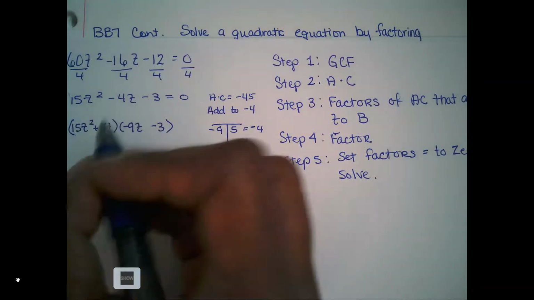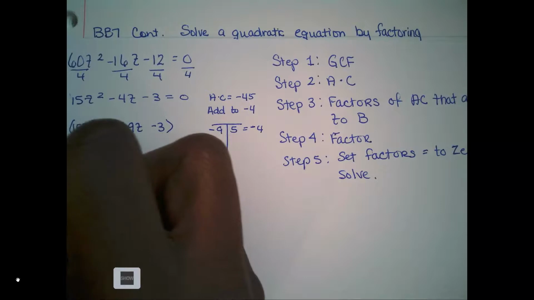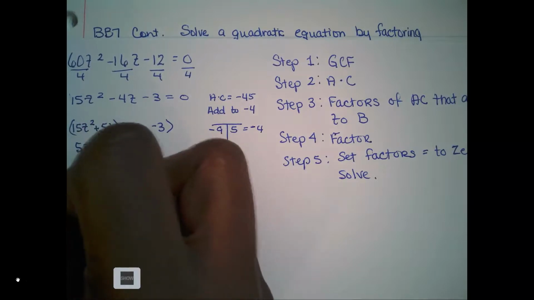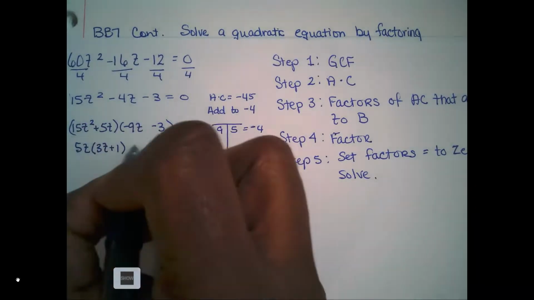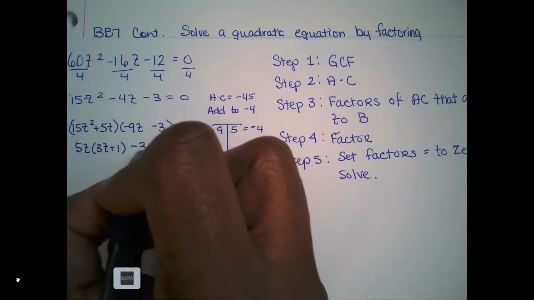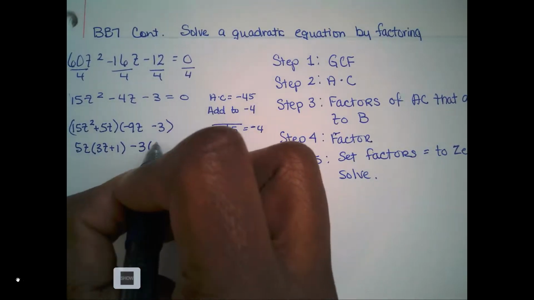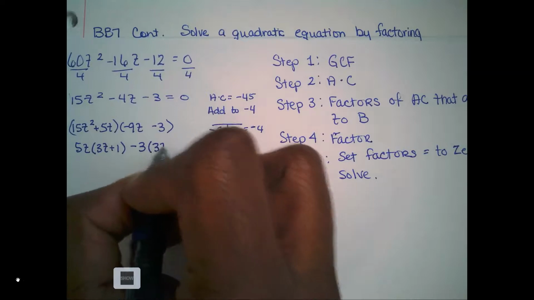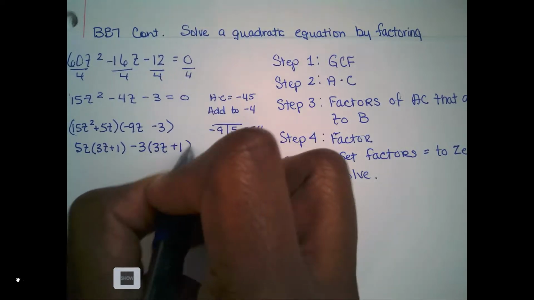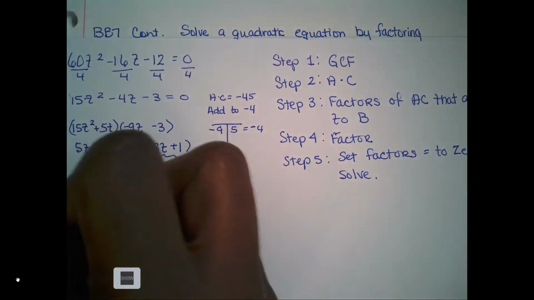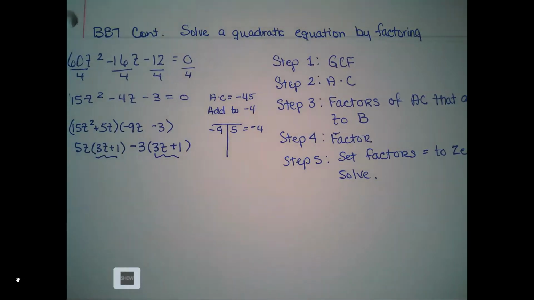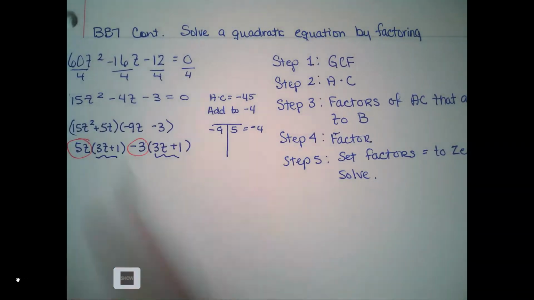So here I factor out 5t, and I'm left with 3t plus 1. Here, if I factor out negative 3, I'm left with 3t plus 1. These are the same, so I write them once. These are the other two factors.